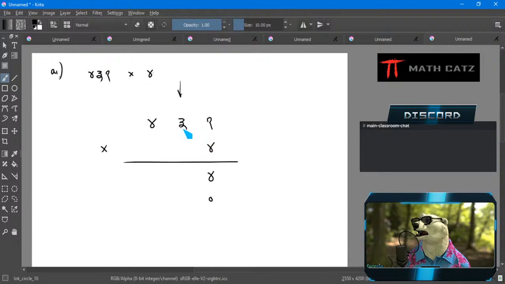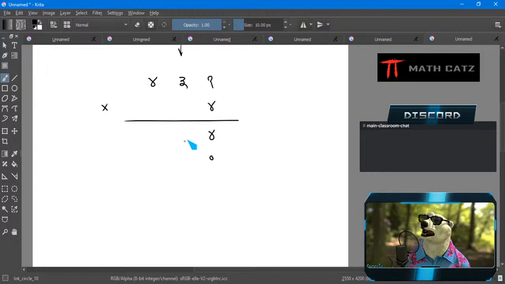Because when I say 4 times 3, it's not really 4 times 3. It's 4 times 3 groups of whatever value place I'm in. And 4 times 3 in our language is 12. But of course, there's no 12 here. We're counting in groups of 5. 12 is 2 groups of 5 and 2 left over.